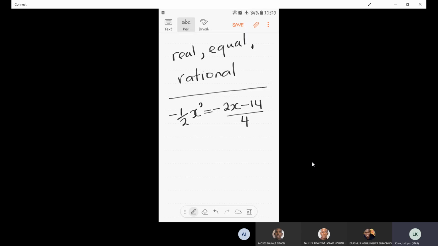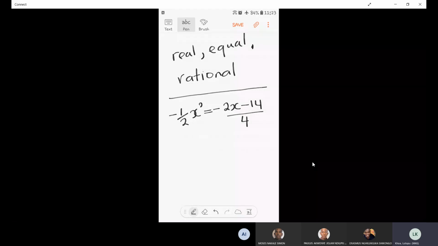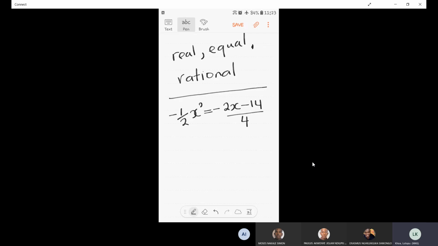Then we are asked to describe or determine the nature of the roots without solving the equation. So here all we have to do is rewrite this in standard form.